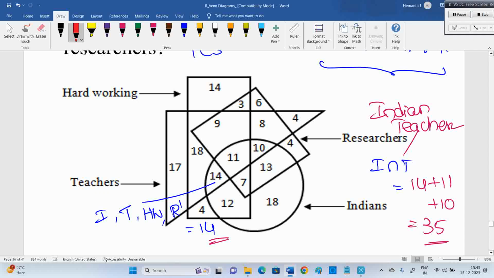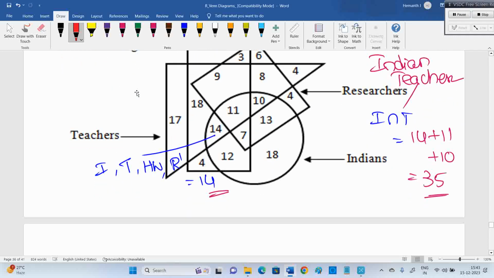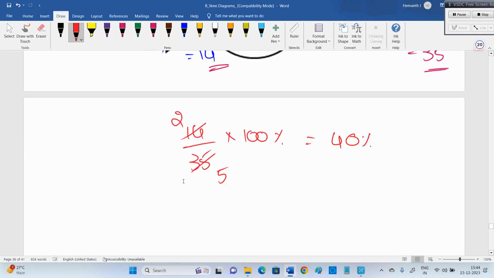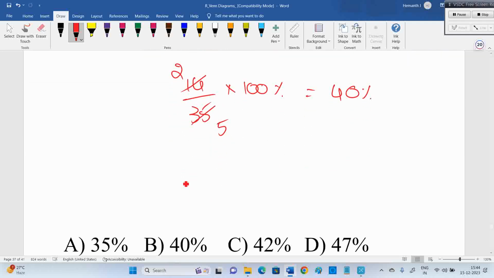Now you need to calculate the percentage: 14 out of 35 into 100, 7 twos are 14, 7 fives are 35, which is 40%. So out of Indian teachers, 14 are hardworking but not researchers. 14 out of 35 into 100 is 40%. Option B.